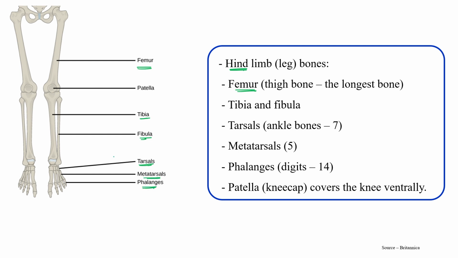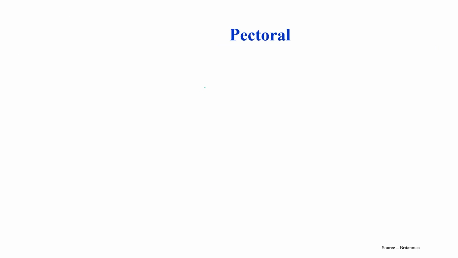These are the bones present in the hind limb. Tarsals means ankle bones. These are 7 in number. Metatarsals 5 in number. Phalanges again 14 in number. Patella is the kneecap. It actually covers the knee ventrally. Okay, so these are the bones present in the hind limb.